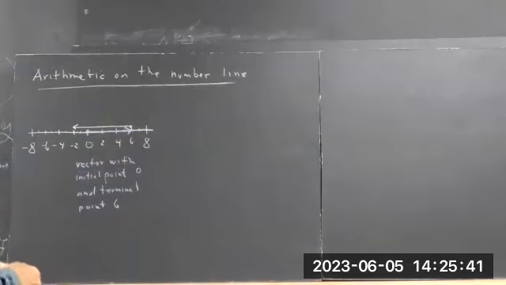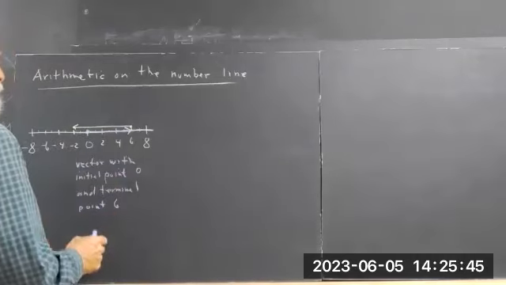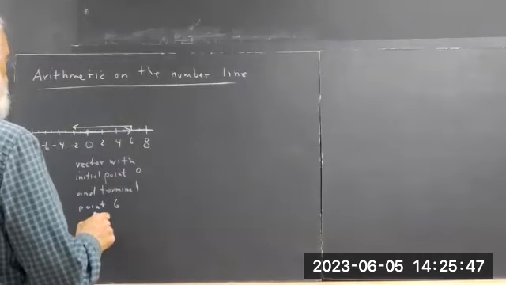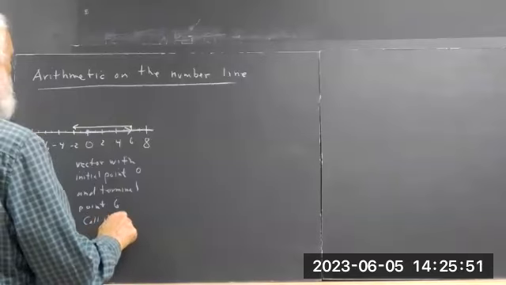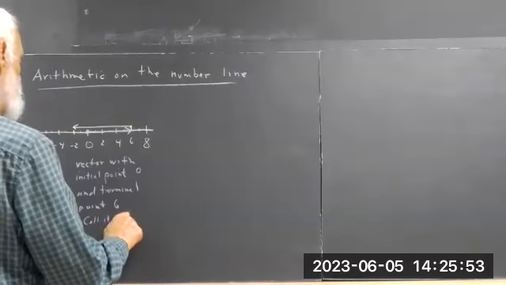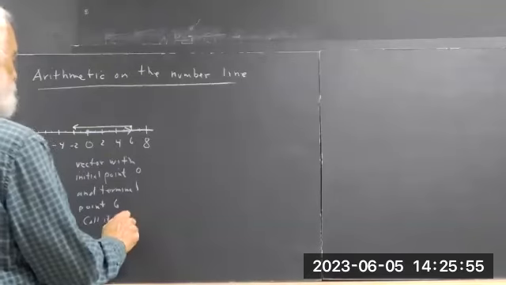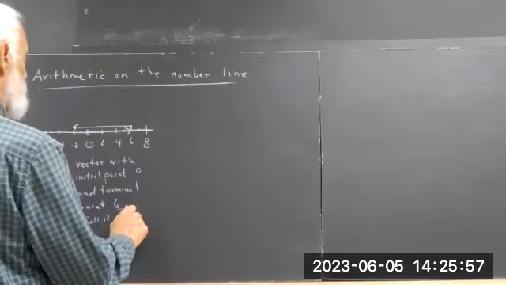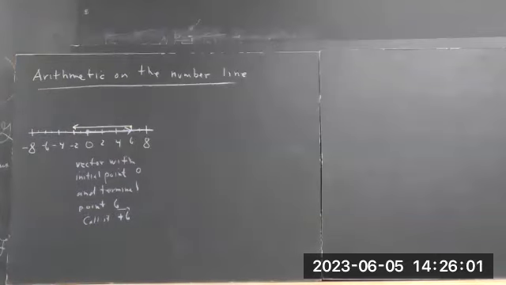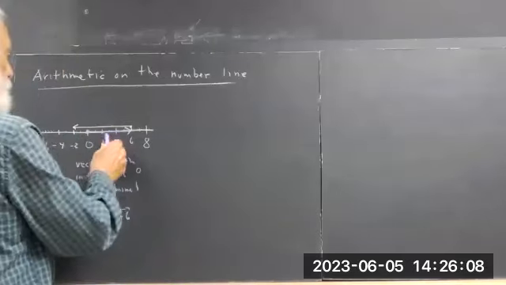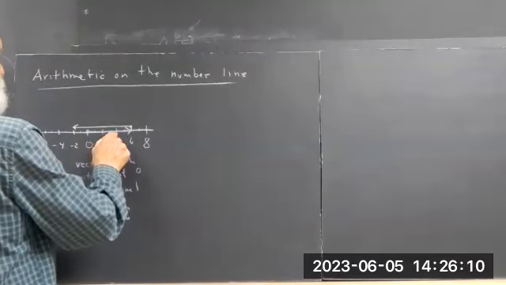The vector with initial point 0, the terminal point 6, I'm going to call it +6. I could get technical and put a little arrow over the top of it to indicate that it's represented by an arrow. Maybe I'll continue to do that. Okay, so here I have my arrow, +6.